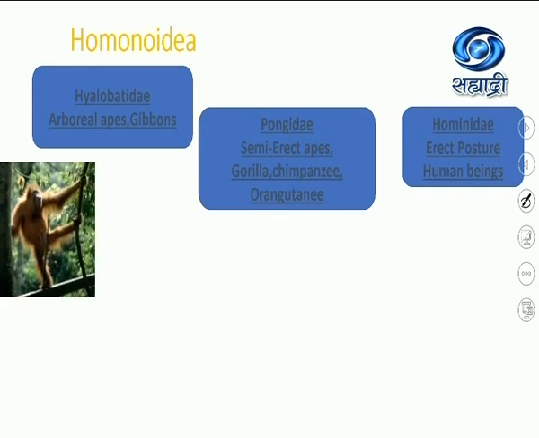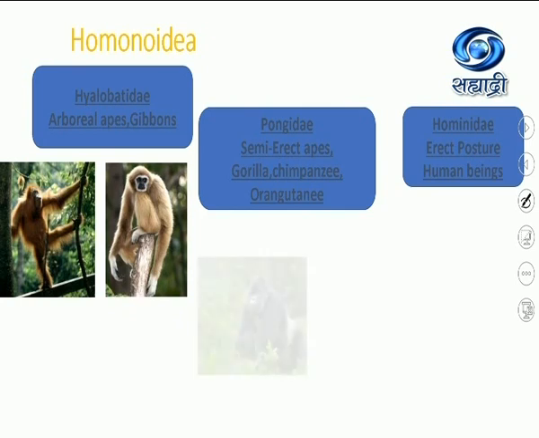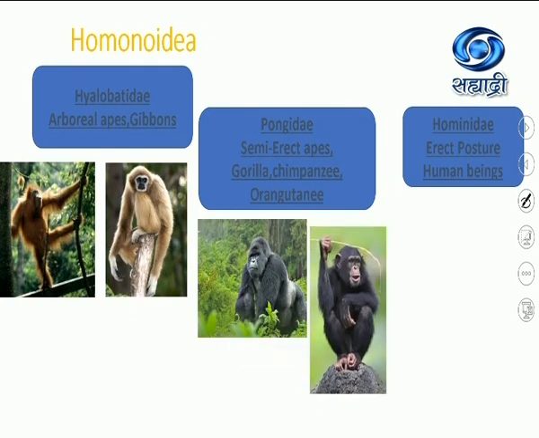So this is a picture of gibbons. You can see gibbons are still arboreal. They are apes. They are different from monkeys. They do not have a tail, they are tailless, but they are still staying on trees, tree-dwelling gibbons. This is a gorilla, chimpanzee and orangutan.